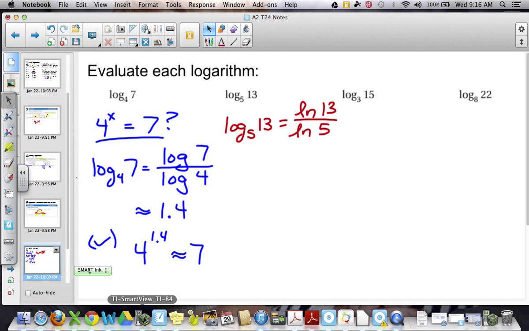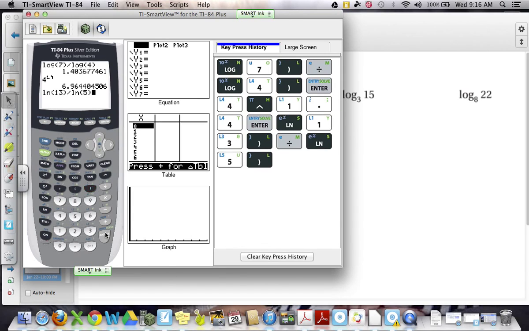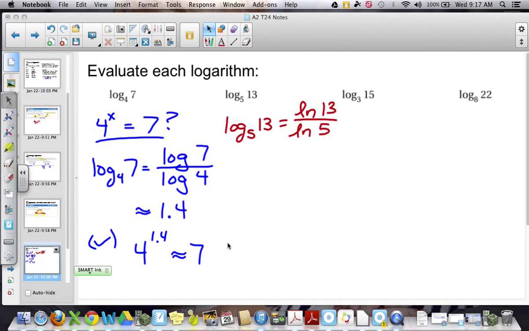Calculate that: natural log of 13 divided by natural log of 5, and we get about 1.6. Now, the great thing is, since I didn't use natural logs last time, if you used common logs, you should have gotten the same thing.